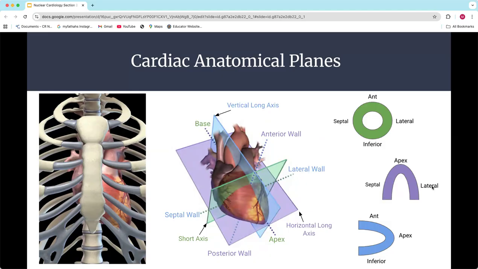If I had that heart and I put it up, that's your axial view, with anterior, inferior, septal, and lateral. Then what you're doing with the horizontal long axis is just flipping it down, and then you're slicing through that way. And the reason they do it this way, it might seem weird, like why not just leave it up the way that the heart has the anatomy?